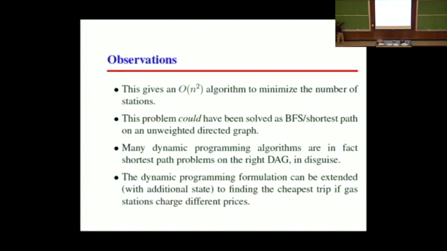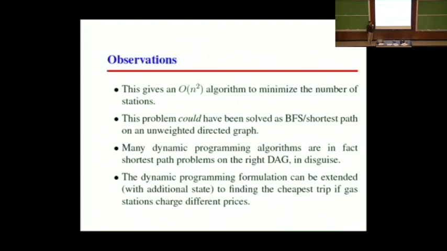That would be the smallest number of hops. That would, in fact, do the greedy algorithm. Does everybody agree with that? Now, I like this way of thinking about it, because in fact many dynamic programming algorithms are really shortest path algorithms in disguise. So that's one thing to be said about it.